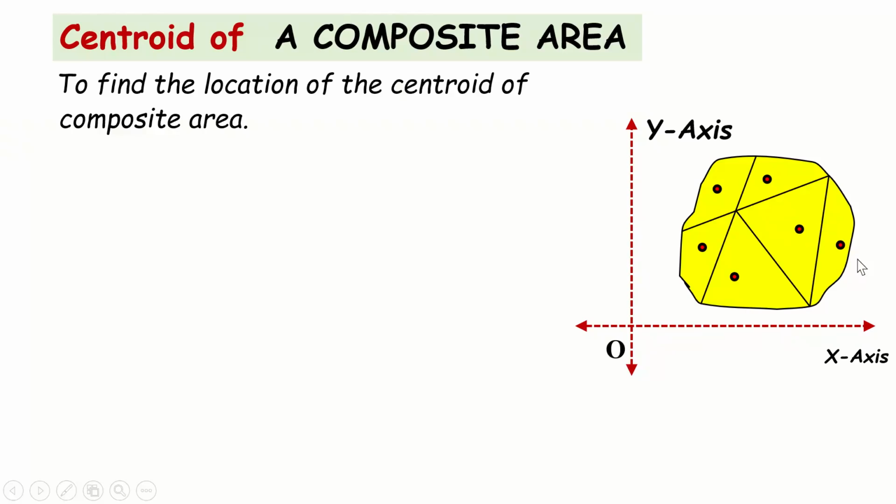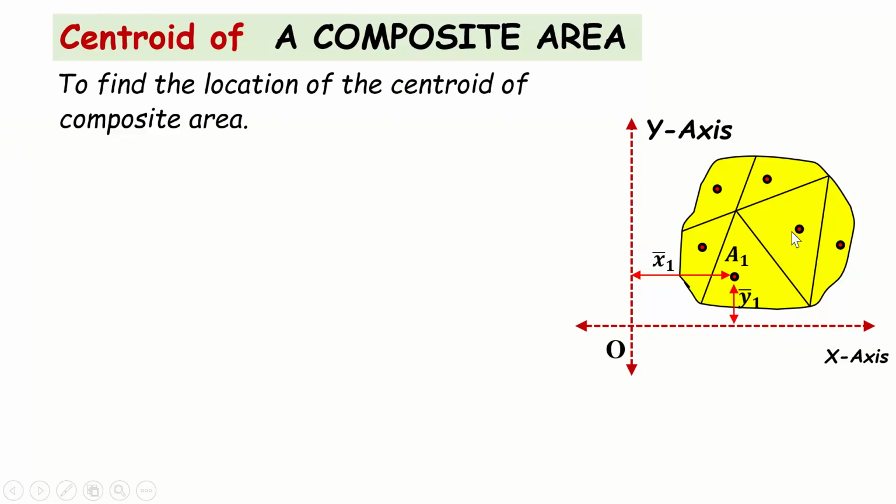So like that, there are n number of small areas, and therefore there are n number of centroids for these corresponding areas. If I consider this particular smaller section, it has area A1, and its centroid will have x coordinate and y coordinate. So the centroid has x1 bar and y1 bar as its coordinates.